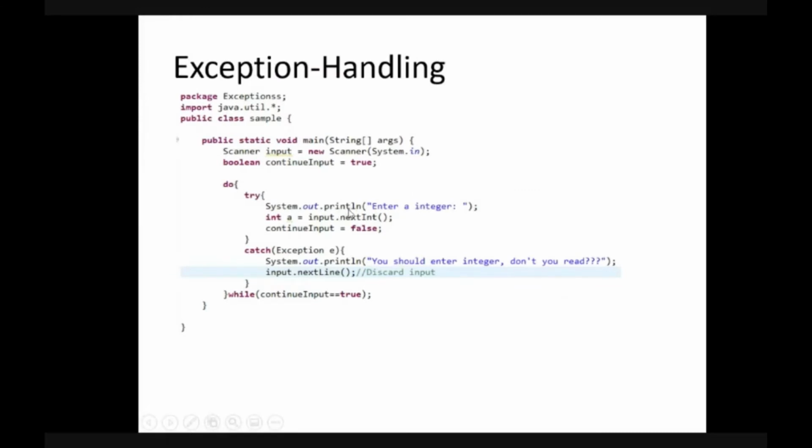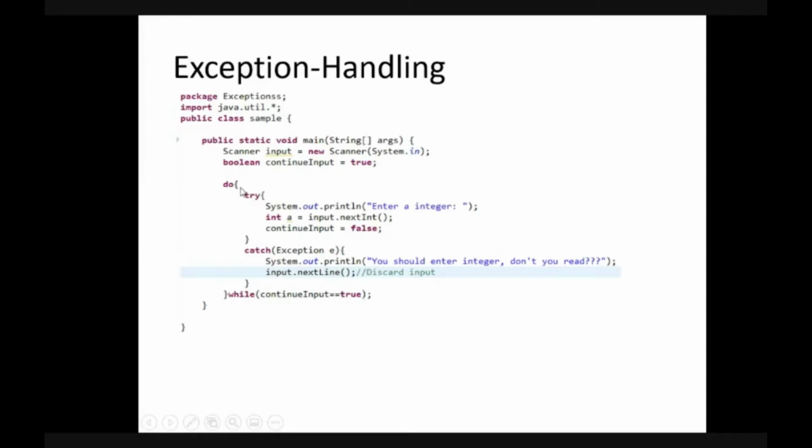Let's make it interesting. We have a do-while loop here. I enter a number. It is an input scanner. We have a continue input flag. I am using this one to stop the while loop. This is true.